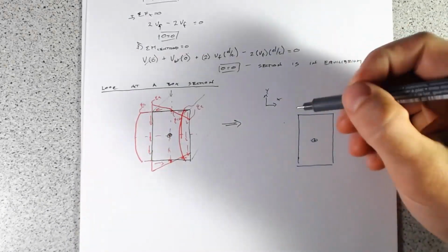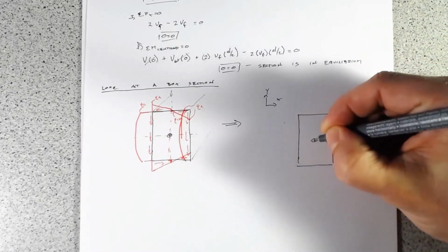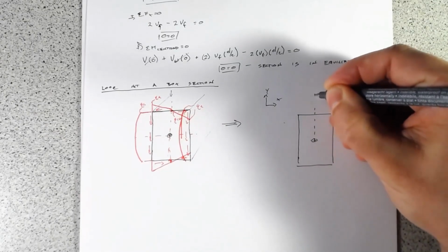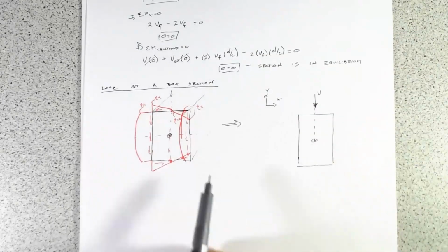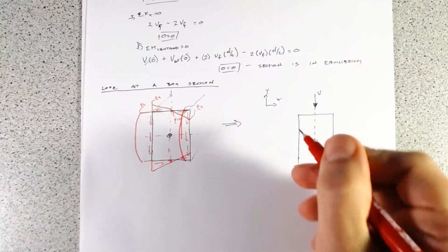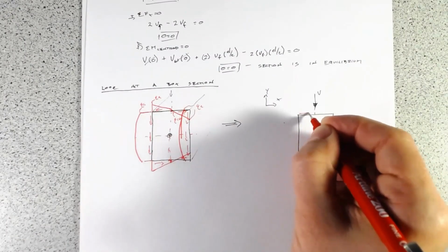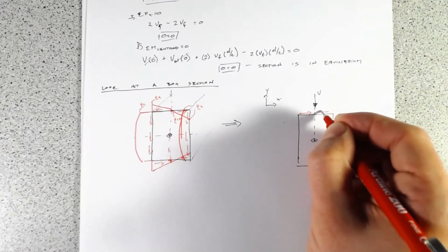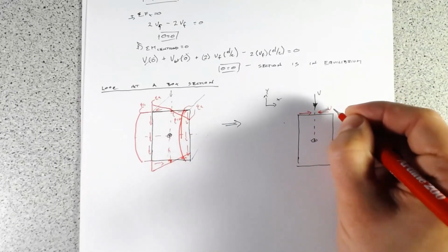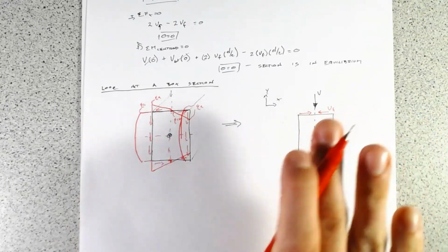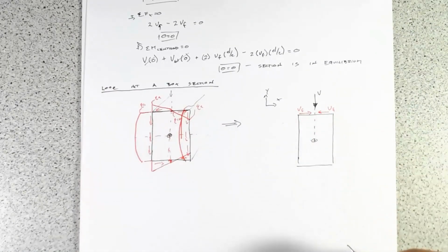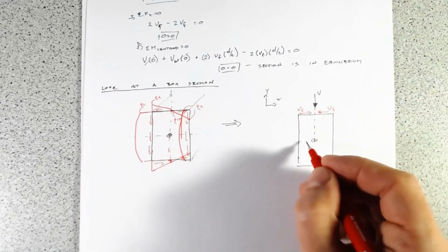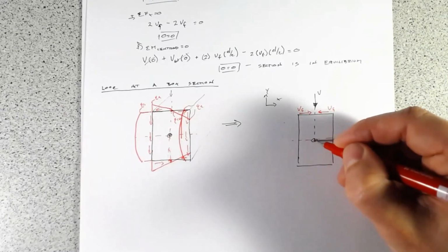Like I said, we'll draw our applied load, V coming down. So I'm just going to swap the forces here just to make it look a little bit cleaner. But like I said, these are just equal and opposite. You think about it just on the other side of the cut. So I hope that doesn't confuse anyone.